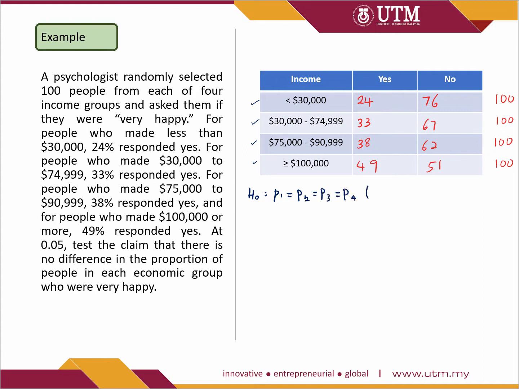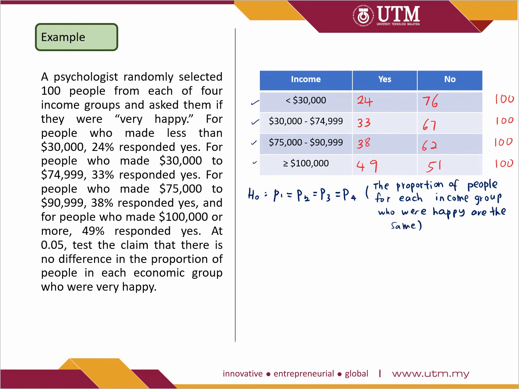I just rewrite this so that you can make a revision on this. The proportion of people for each income group who were happy are the same.